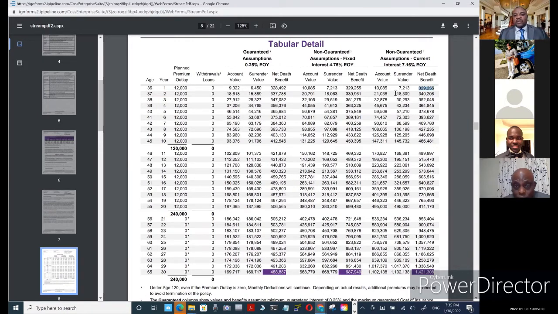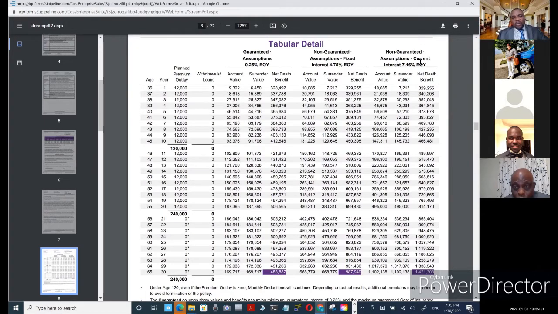Now, if you go for the first year, second year, third year, let's look at the policy performance. This is premium outlay, this is how much money you pay in. And then let's pay attention to the far right column 2, which is non-guaranteed or current assumption.